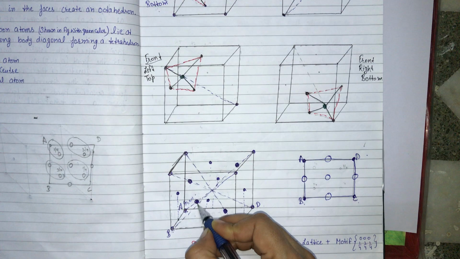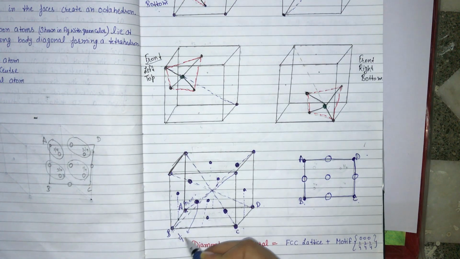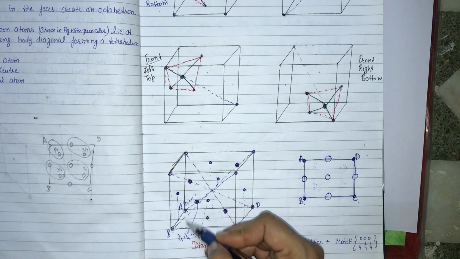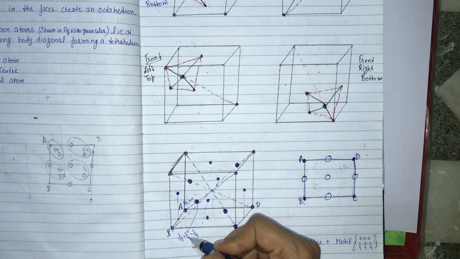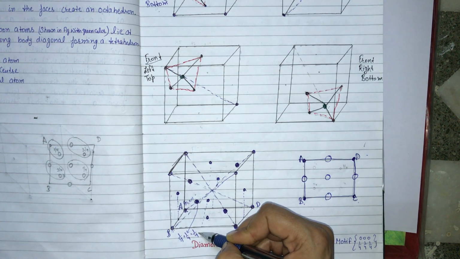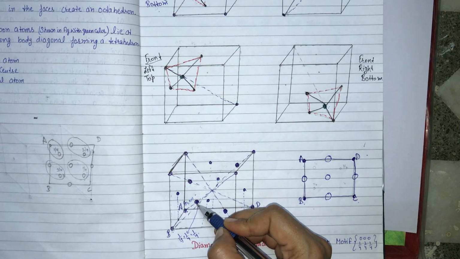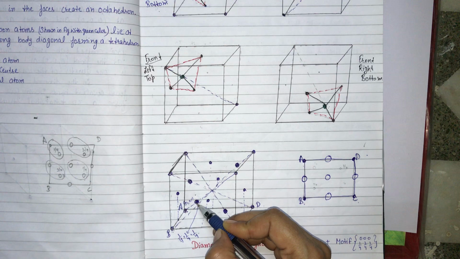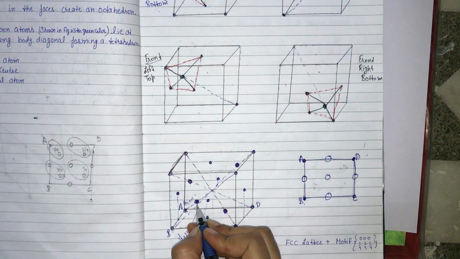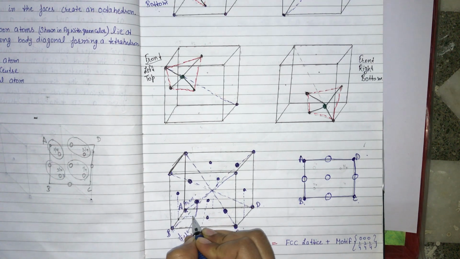This is 1/4, 1/4 and 1/4. Means if we move 1/4 along X, 1/4 along Y and 1/4 along Z, then there will be a carbon atom along the body diagonal. If we make a projection of this body diagonal in two dimensions, this is 1/4 along X and 1/4 along Y.